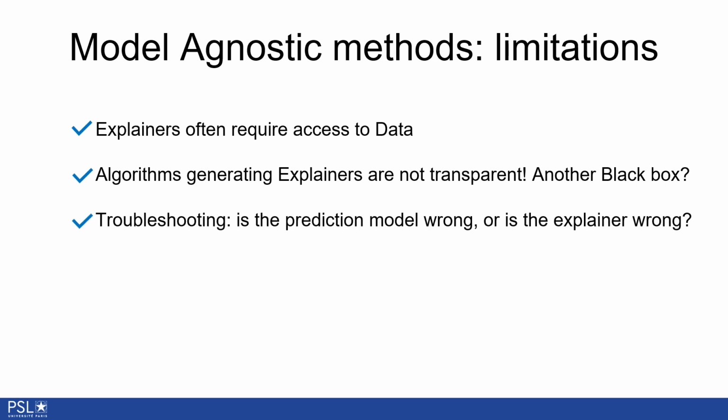As a consequence, troubleshooting the whole pipeline can become complicated. If the explanations provided for an output do not make sense, it may be difficult to tell if the prediction model is wrong or if the explainer is wrong for some reason. Altogether, this underscores the importance of evaluating explanation methods, and this is a topic that we will discuss in the very last lecture of this course.